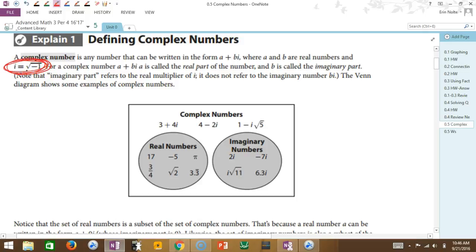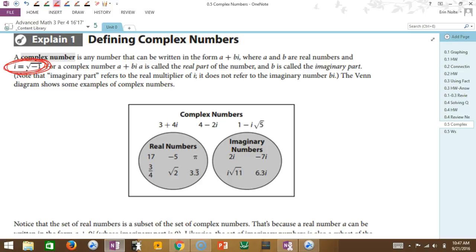Okay, so we're now given the ability to take the square root of a negative number, which is really super important. We have these real numbers, which are all the numbers that you can comprehend in your mind. And now we have these imaginary numbers, which are all the numbers you cannot comprehend in your mind. If you add them together, it creates a complex number.